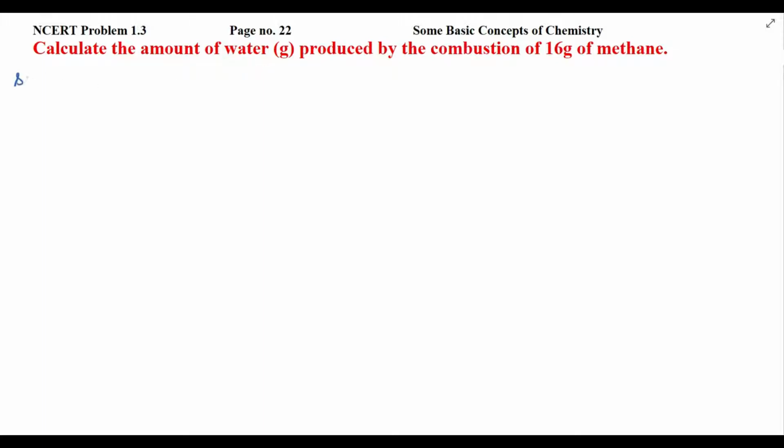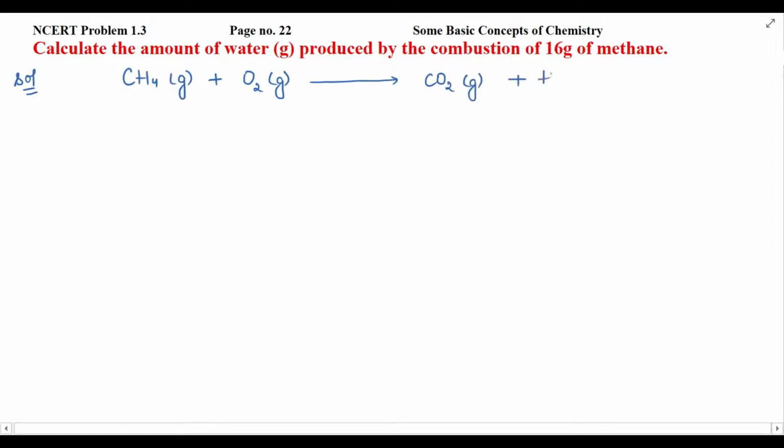Okay, so first write the reaction. I know that whenever I burn methane in the presence of oxygen, it will produce carbon dioxide plus water, right? Now the reaction is not balanced, so first we will balance the reaction.